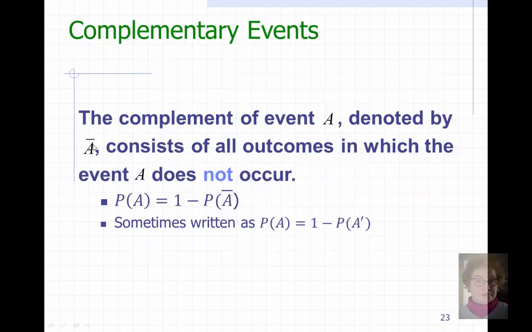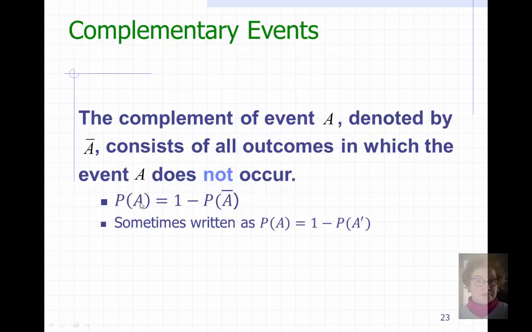So what we do is we put a line over the event that we're interested in to show that it's the complement. And I like to think of complements as A and not A. So the probability that A will occur is equal to 1 minus the probability that not A will occur. That verbiage can be confusing.